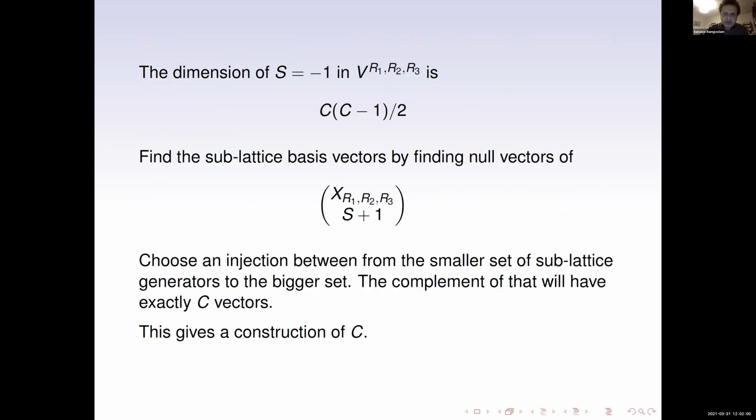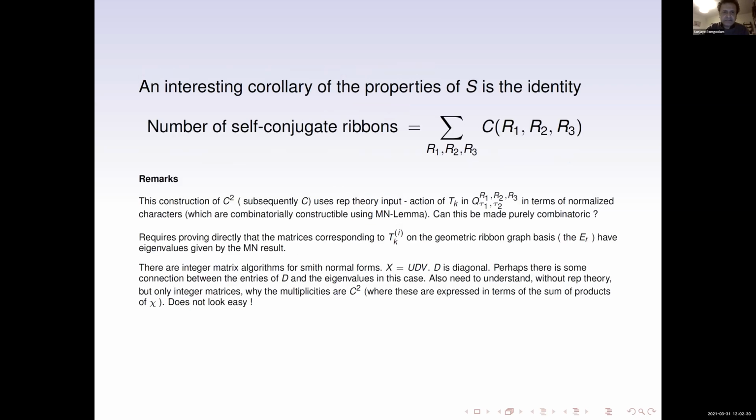If you instead look for S equals minus 1, you get CC minus 1 over 2 vectors. And so you have two sets of vectors. If you choose some injection from the smaller set into the set of vectors with S equals plus 1, any null vector algorithm will produce a list. So you can just pick an injection, and whatever is left, the number of that will be C.